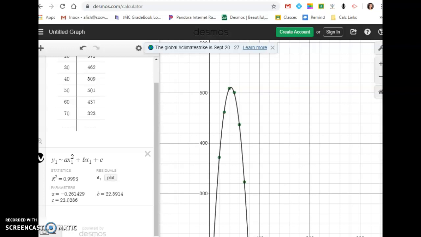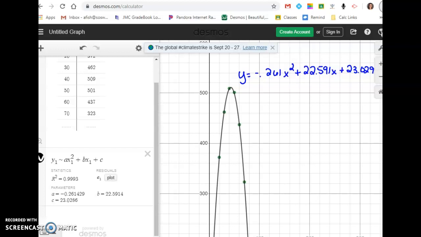In fact, my equation or my regression model is now going to be y equals negative 0.261 x squared plus 22.591, just going to shift it over here, plus 23.029.